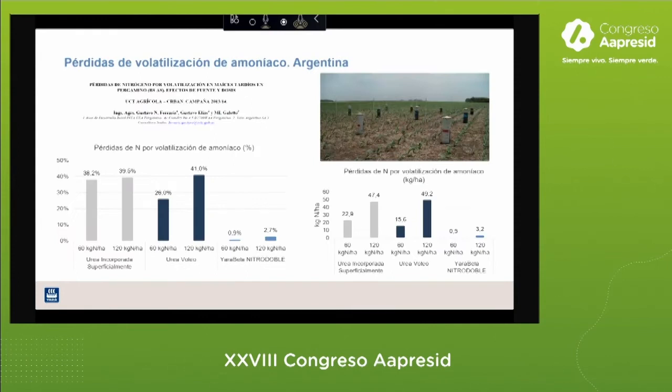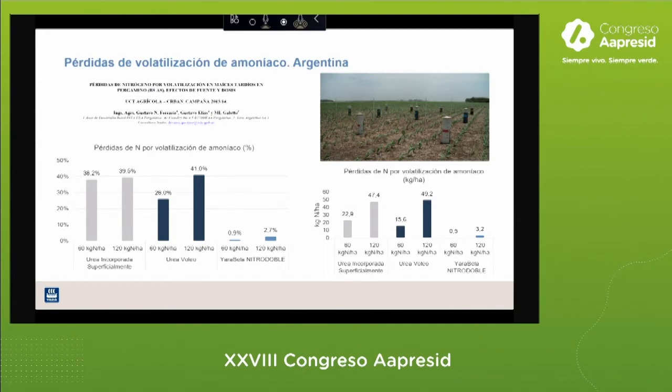Here you can see one reason for the differences between different fertilizer types. The reason why, for example, urea typically has a lower nitrogen use efficiency than other nitrogen forms, like for example YARA or the nitrates in general, is that urea is very susceptible to ammonia losses. This is because urea reacts alkaline in the soil.